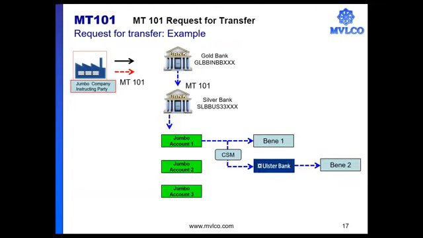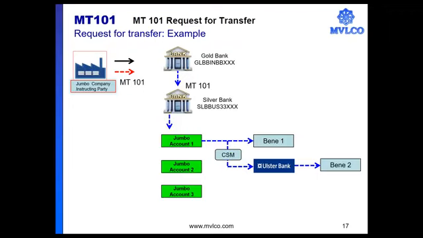We can also order simultaneously that pay more than one beneficiary, one at your bank itself, that is beneficiary 1, and another beneficiary at Ulster Bank, beneficiary 2, make both these payments. So in MT101, I could have multiple payment instructions.